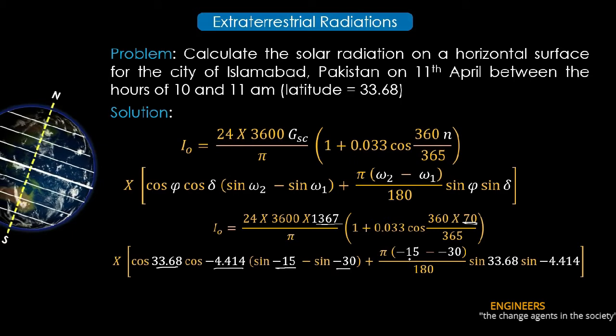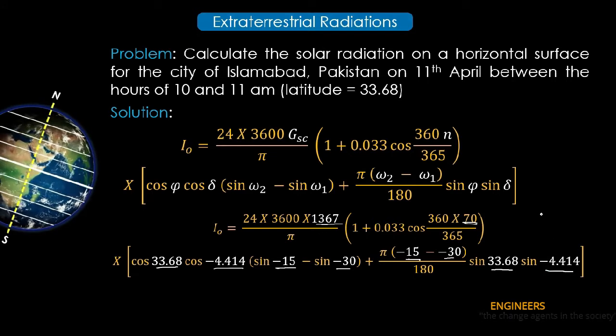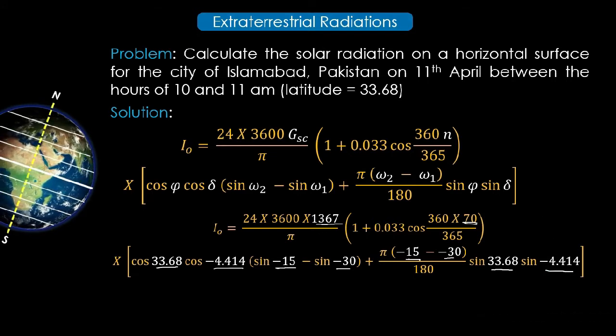Again omega 2 minus 15, omega 1 minus 30, sine phi 33.68, and the declination minus 4.414.